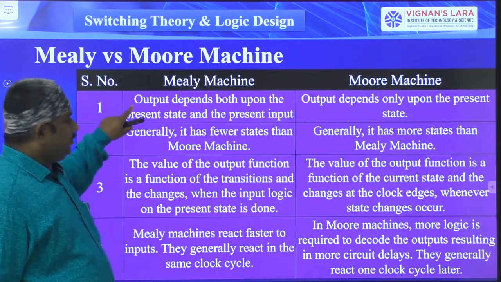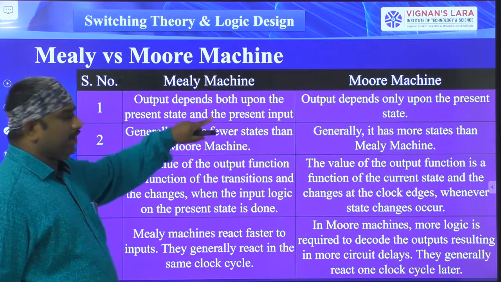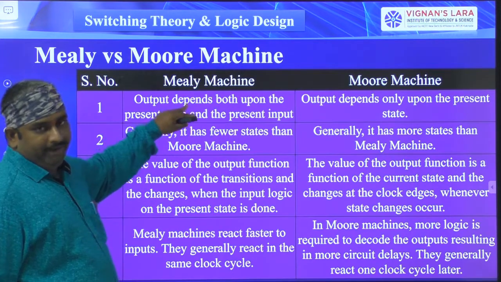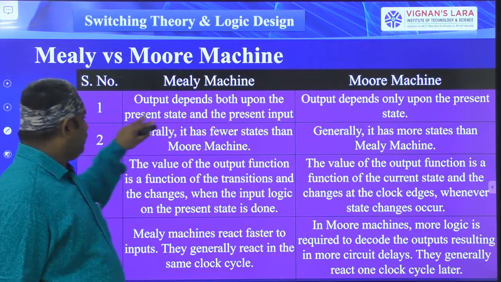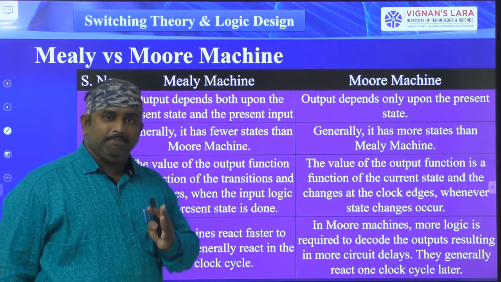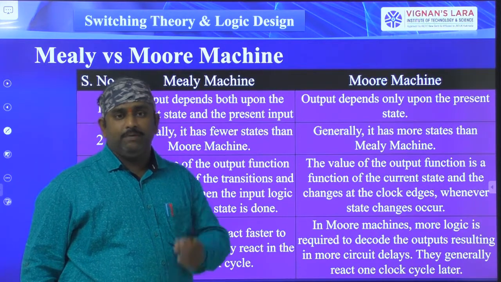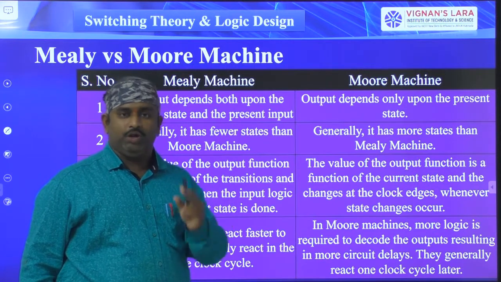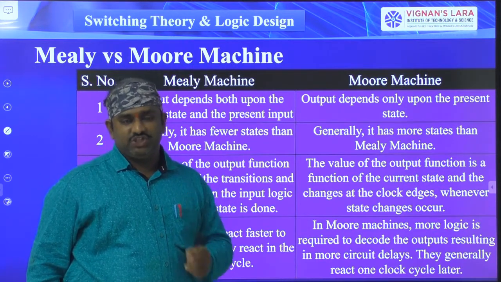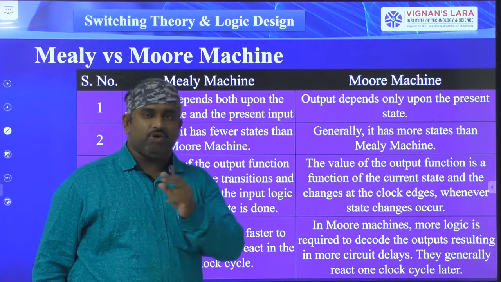Mealy machine: output depends both upon the present state and the present input. The output of the Mealy circuit completely depends upon the present input. There is no doubt input is also there, and present state. The present state is nothing but the previous output of the system or present output of the system.